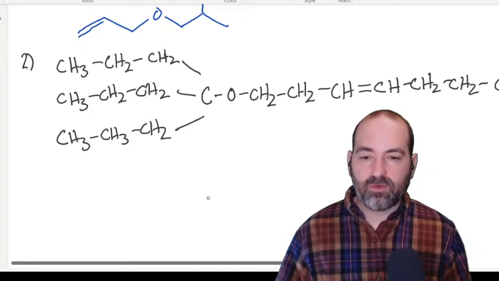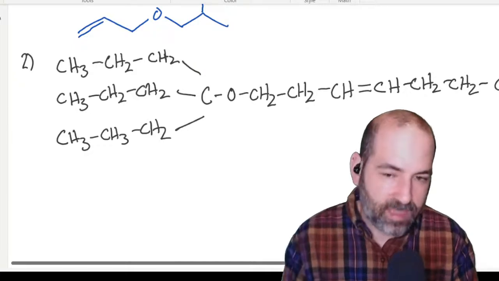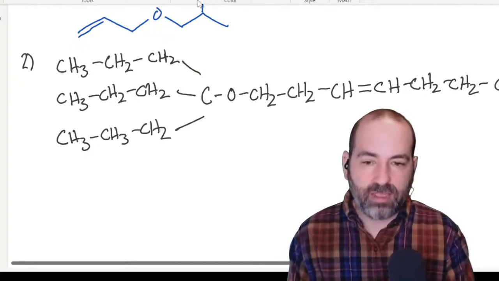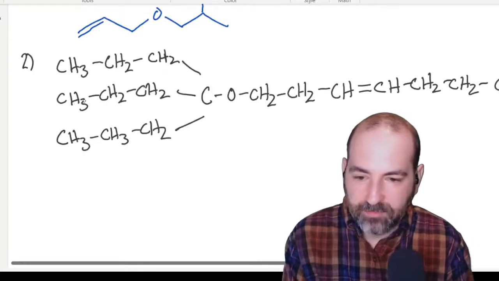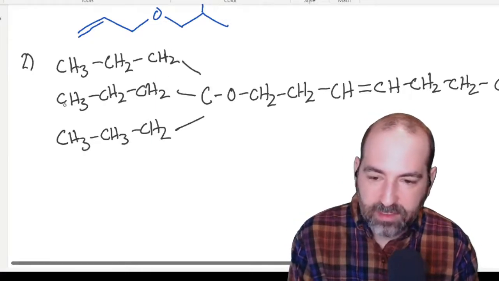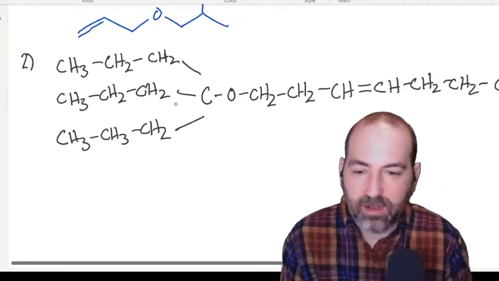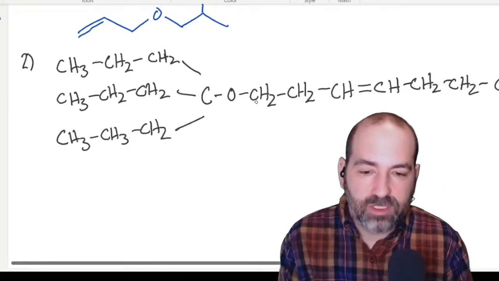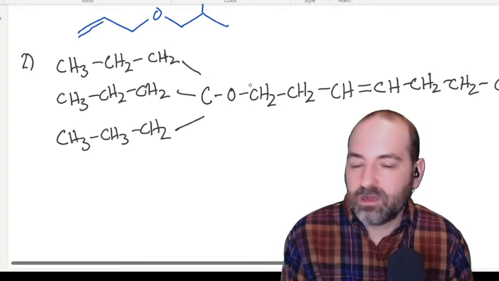So we're going to do the same thing that we've done before with line structures. We just got some more stuff to add. So don't be scared off by the giant structure here. We just have a few more things to add. So I think of this as 1, 2, 3, 4 carbons. We could start up here too. It doesn't matter. 4 carbons, then an oxygen, then 2 carbons, then a carbon, or let's just do it as a whole thing.